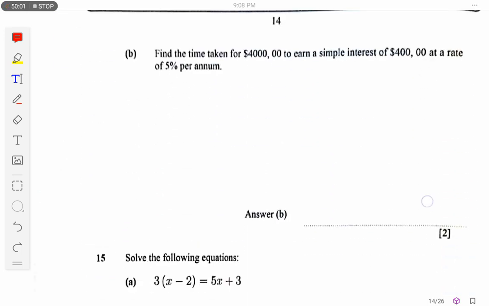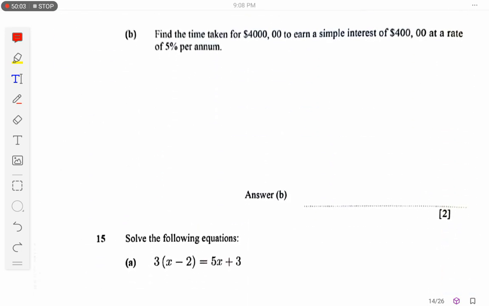Let's move on. Now they are saying find the time taken for $4,000 to earn a simple interest of $400 at a rate of 5%.